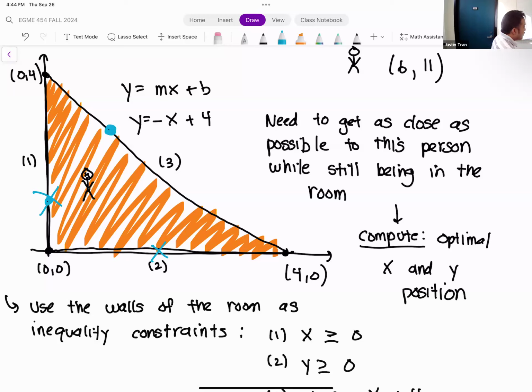And so just based on intuition, you can already tell that the one constraint here that's going to be binding is constraint number 3.